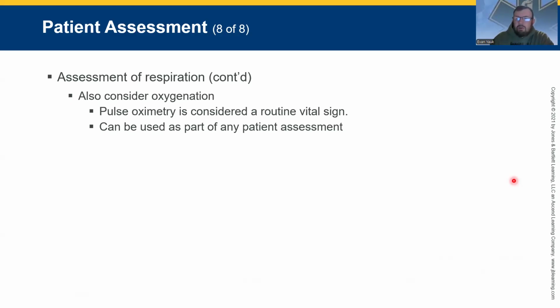After BSI and scene safe, I make my contact, and there's nothing wrong with, if they give me permission to treat, sticking that pulse ox on them right off the bat.